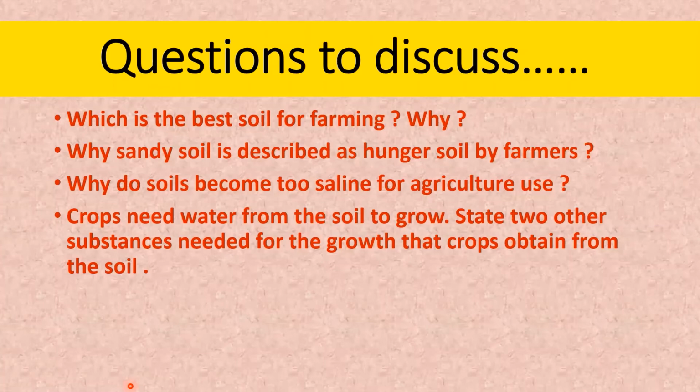Second question: why is sandy soil described as a hungry soil by farmers? It is described as hungry soil because it needs frequent feeding with fertilizers to get good output.